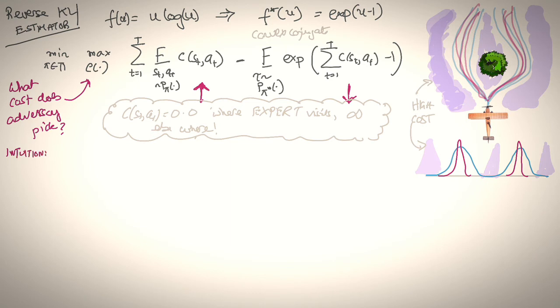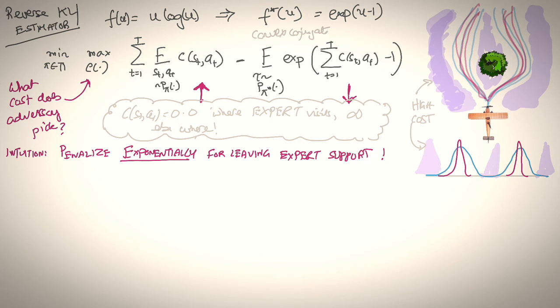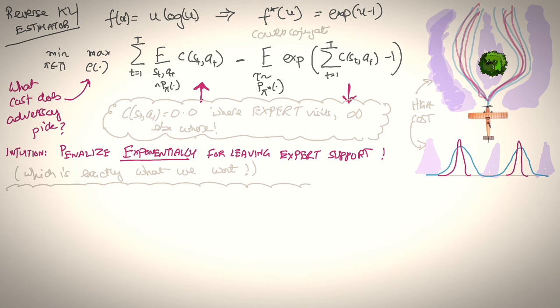Okay, so to summarize, the intuition was to penalize exponentially more the states that the expert doesn't visit. So penalize for leaving the expert support, which is exactly what we want out of our reverse KL minimizer. The cool thing is this idea can be extended to a whole host of other divergences. For example, you might be saying, well, can I have a symmetric version of KL?